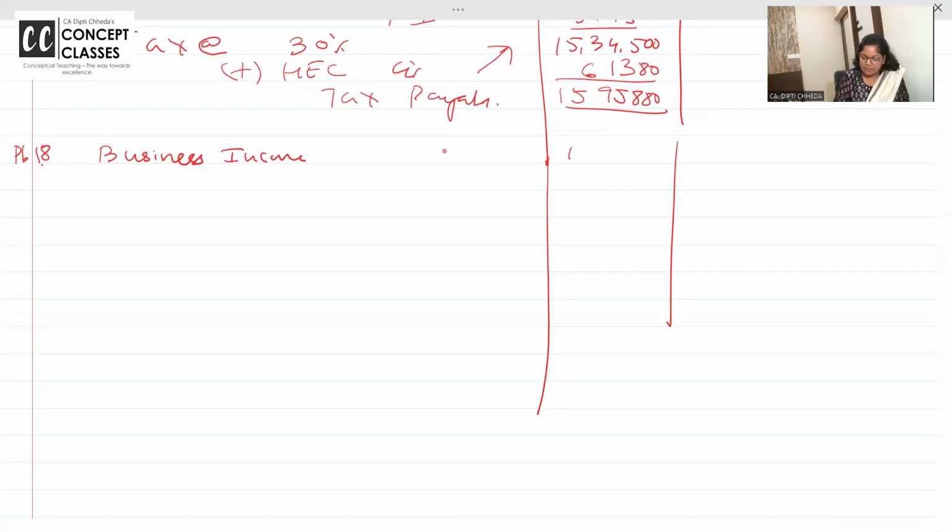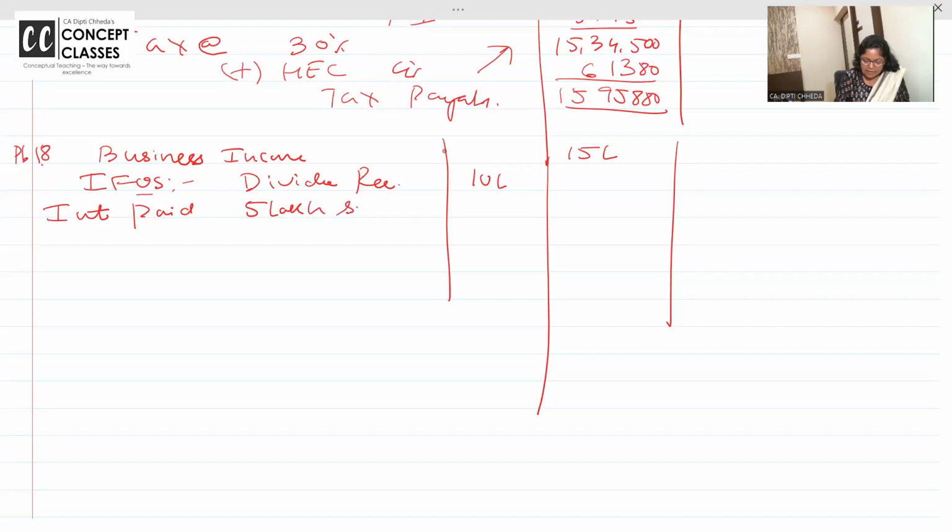Business income 15 lakhs, income from other sources, dividend received. How much dividend is received? 10 lakhs. Interest paid 5 lakh, subject to 20%, 2 lakh. Are you all with me?